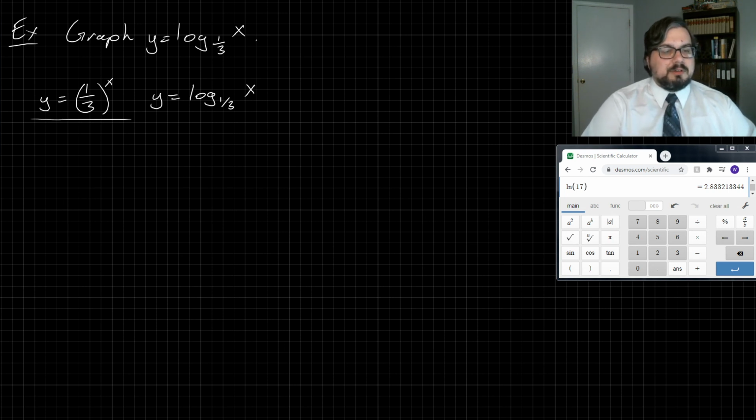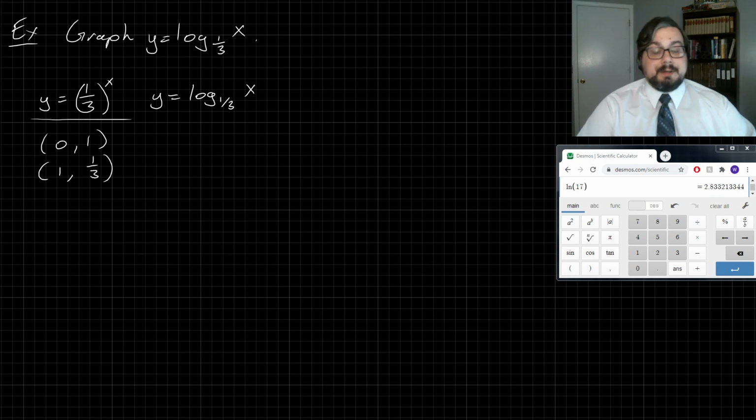So if we have 1/3 raised to the x, we of course always have the points (0, 1) and (1, 1/3), the base. We also have the point (-1, 3), since 1/3 to the -1 is 3.